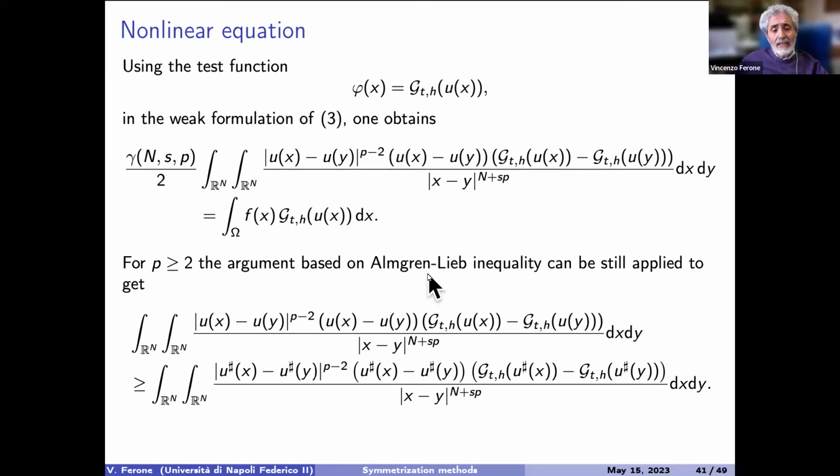And one can use the same argument based on the Albrecht-Lieb inequality, but only for p greater or equal than 2, to say that the first inequality which I have shown holds true also in this case. So here, for p greater or equal than 2, this integral is greater or equal than the other integral where u is substituted by u sharp.